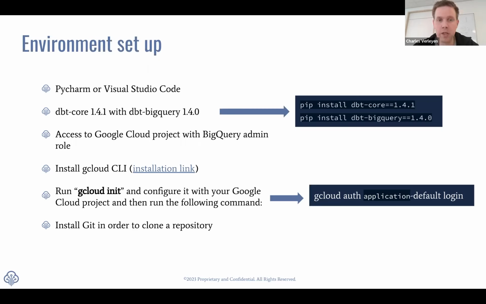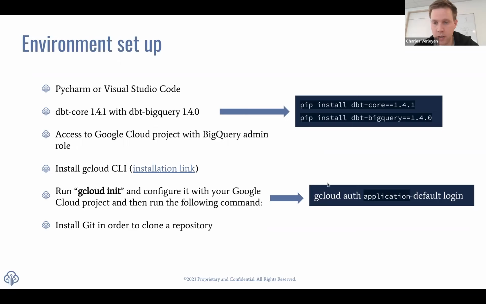For that, you need to have gcloud installed, because gcloud is used to authenticate. DBT will use gcloud to authenticate to your database, and it will look for credentials located in the gcloud folder of your computer. As soon as you install gcloud, it will normally ask you to do an init.